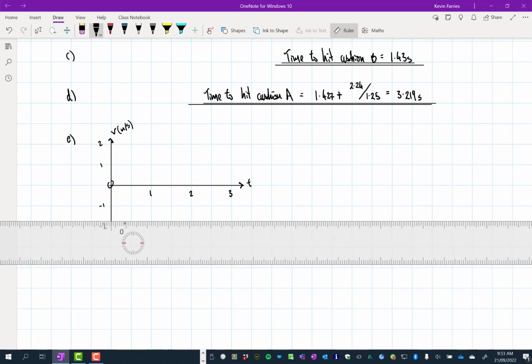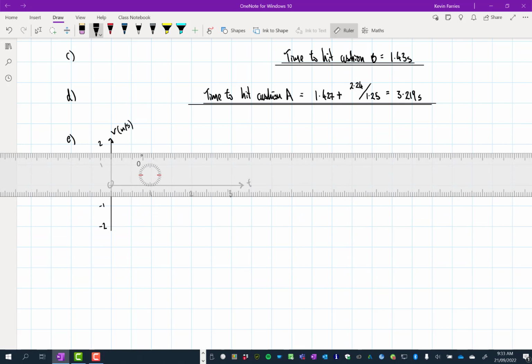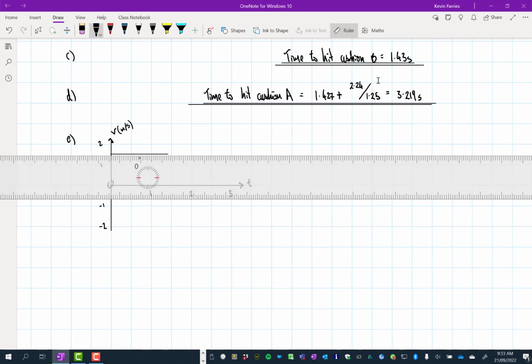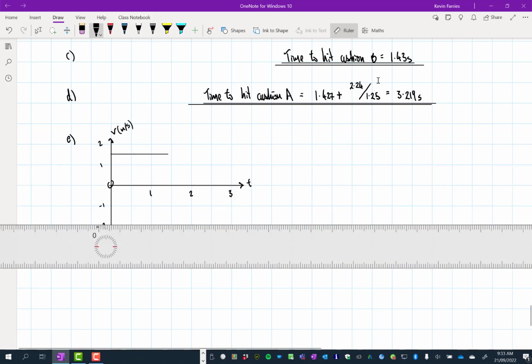Okay, so the ball started with a velocity of 1.5 meters per second, and we figured out that it hit cushion B after 1.43 seconds. So it's going to come along here, and it's going to get to about 1.43. The velocity is 1.5 meters per second, and it's going to go until 1.43 seconds.